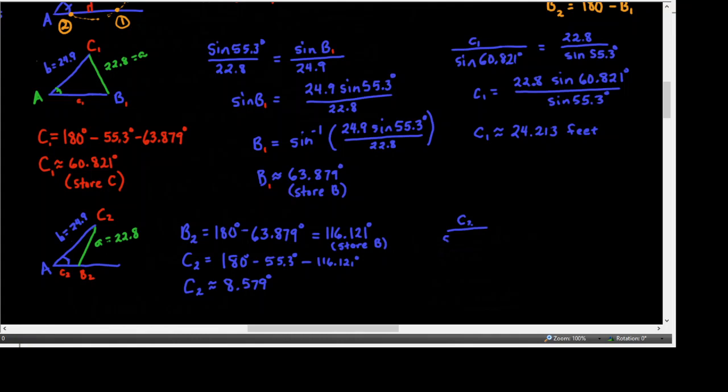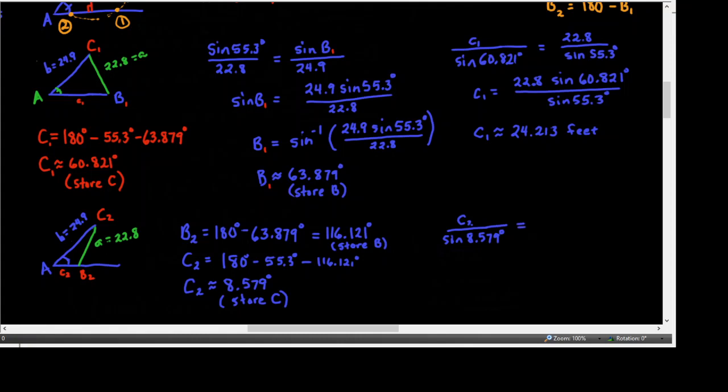C2 over the sine of angle C2, and I probably should have said as soon as you get each value you should store it because you're going to need it again probably. So you would want to have stored this one, and I would store it into C, and it will overwrite the old C, and that's perfectly fine because we don't need it anymore.